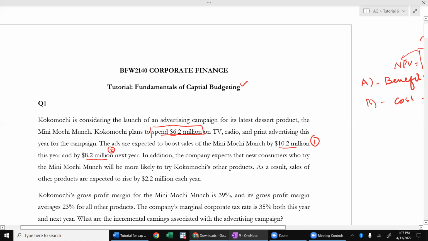As a result, the sales of other products are expected to rise by 2.2 million. So in a restaurant, when you introduce a new product, you expect the sale of product A, the new product, to rise by 10.2 million, and 8.2 million next year. At the same time, when customers go to restaurants, they also try other products. So the other product sale is also expected to increase by 2.2 million each year, meaning in year 1 and in year 2.